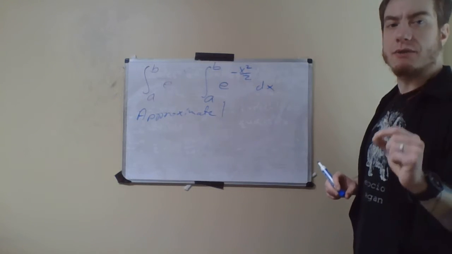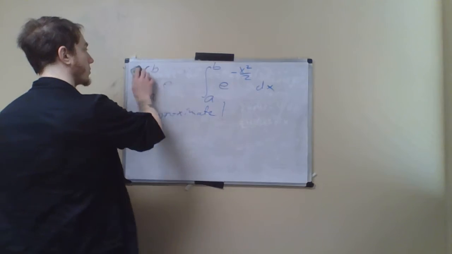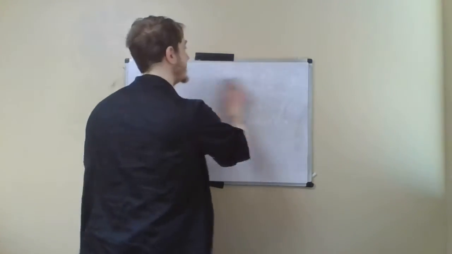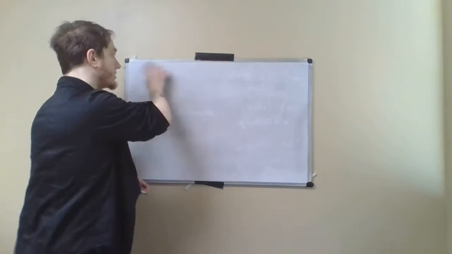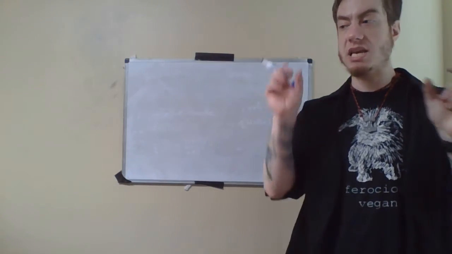The simplest way of doing this is something called the Midpoint Rule. And this is just do a Riemann sum using the midpoints of the subintervals that you cut the thing up into.